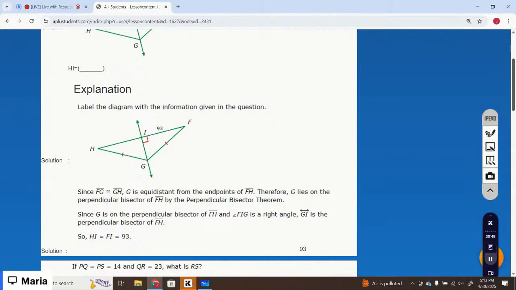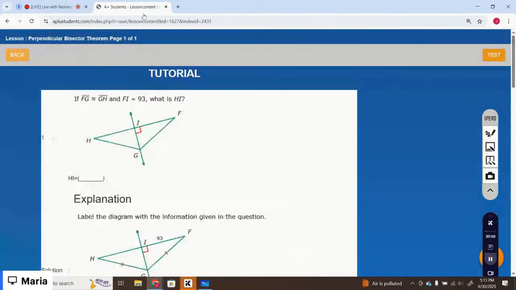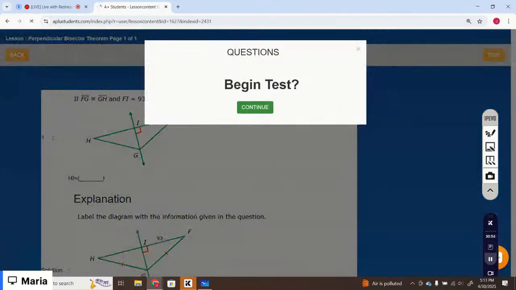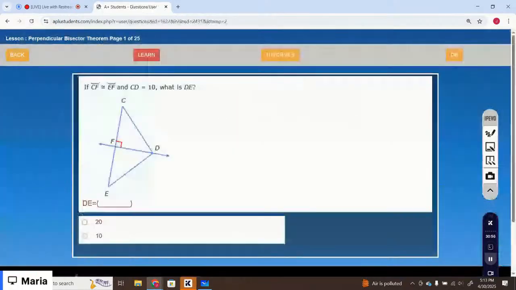Let's just start with the test questions. If CF is congruent to EF, CD equals 10, what is DE?